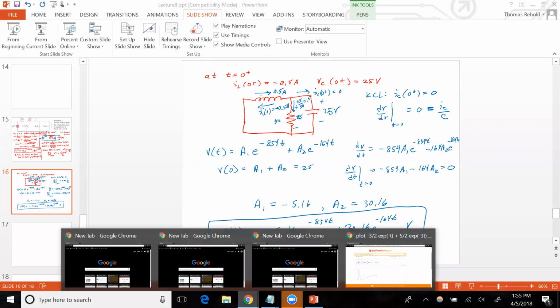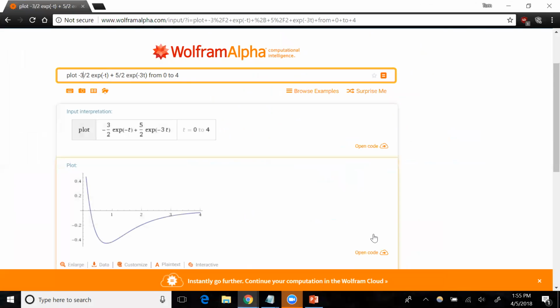Let's go back here and plot minus 5.16 exp of minus 854t plus 30.16 exp of minus 164t.